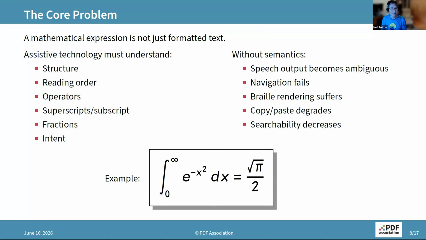And here you have it. Copy paste, again, instead of having a jumble of stuff, you have the structure. When you copy it, it's going to copy the MathML or some other format that can be derived from it. Then you can paste it wherever. Similarly, if it's just a jumble of text, you can't really search it because you don't know the order of the text. But with the MathML, it can be searched.